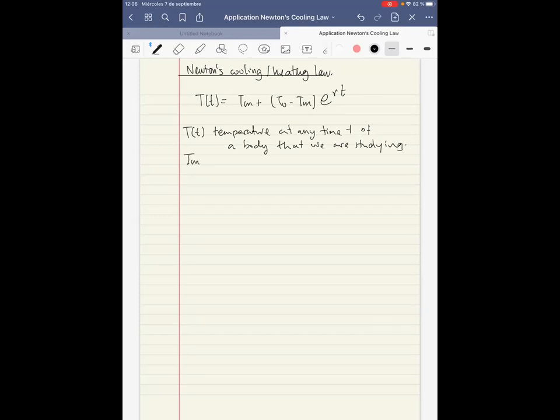Tm is the temperature of the surrounding background. And T0 was the initial temperature of the body.